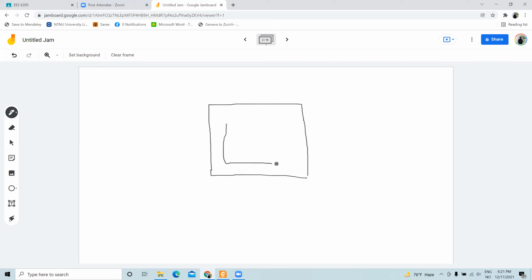Let's say this is the core of the transformer, and on top of the core you have the windings. Let's say this is our primary winding and this is our secondary winding. Depending on the turns ratio, in the primary winding we have NP turns, and in the secondary winding we have NS turns.